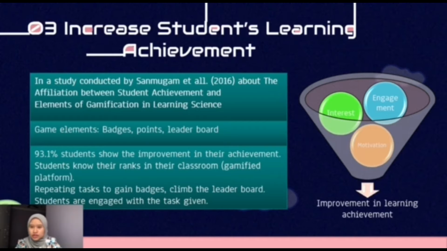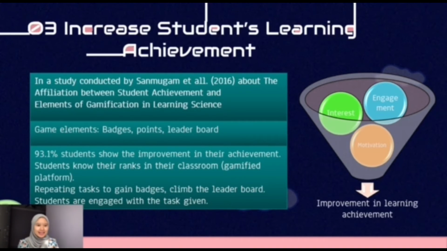Because students from the gamified platform know where they stood in their classroom because they know their rank from the gamified platform. So, this will cause the student to be more competitive, to be on the top of the rank. So, they can repeat their tasks to gain badges, points to climb the leaderboard.